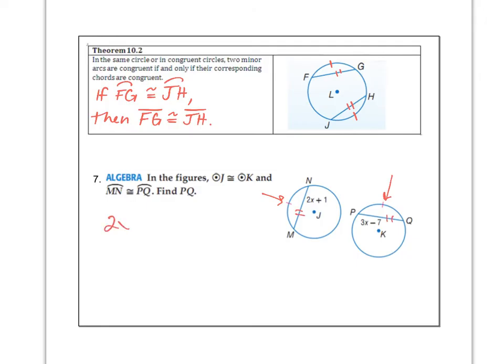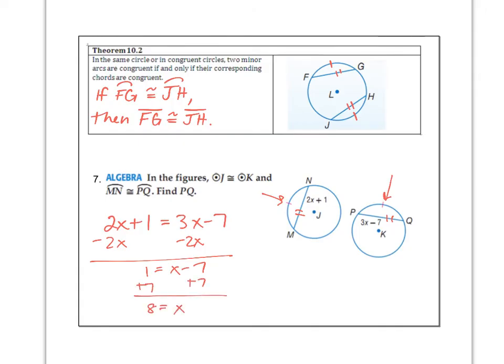So all you have to do is 2x plus 1 equals 3x minus 7, and go ahead and solve this for x. So we'd go minus 2x from both sides, we'd add 7 to both sides, and we end up with x equals 8, but that is not our final answer. They want us to find PQ. So to find PQ, we're going to have to plug in this 8.